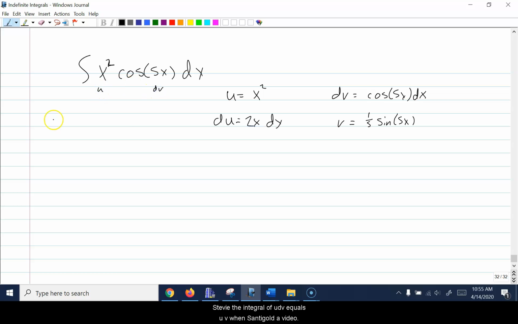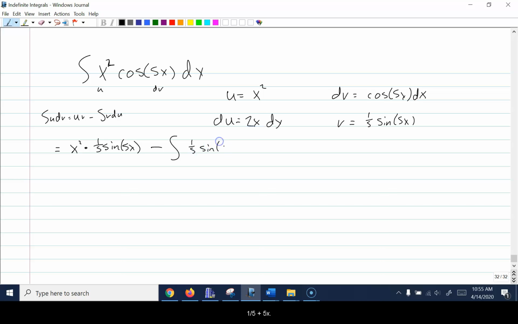This is dv. The integral of u dv equals uv minus the integral of v du. What's uv? It is x squared times 1/5 sine 5x minus the integral of v, 1/5 sine 5x, du, 2x dx.